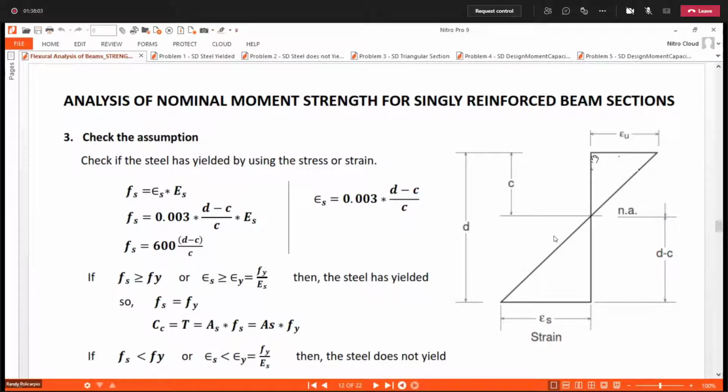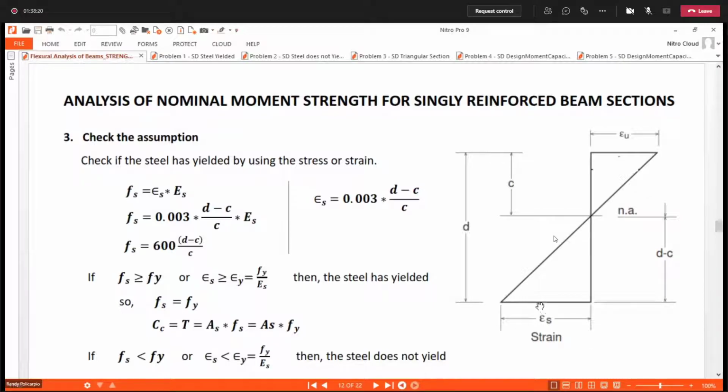So maximum strain in the concrete, then the strain in the steel. Yung strain natin sa steel, hindi binabanggit dito na more than or equal, no?